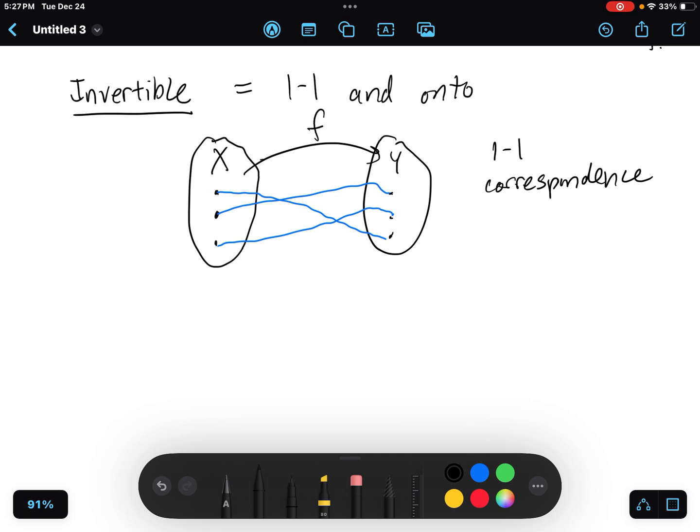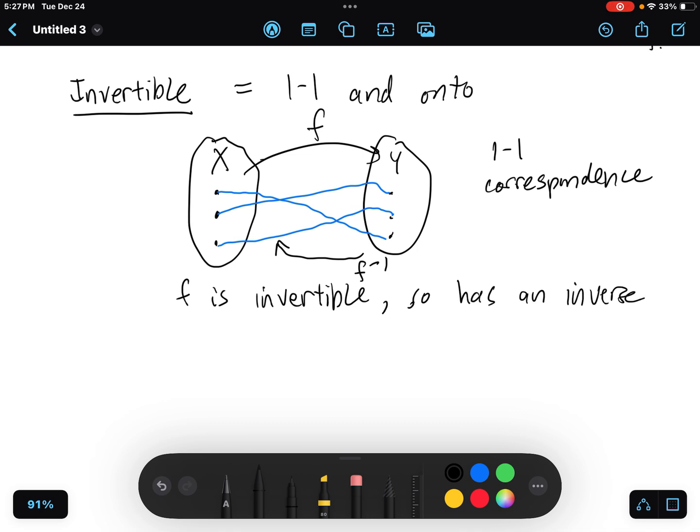So we would say that f is invertible, and it has an inverse, written f inverse. What f inverse does is it takes the Y values back to the X values. You take the elements of the codomain of f and map them back to the elements of the domain that correspond to them.